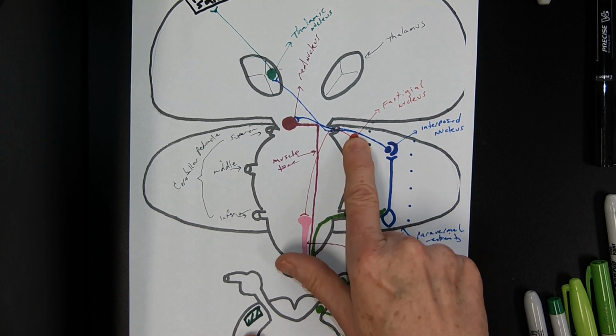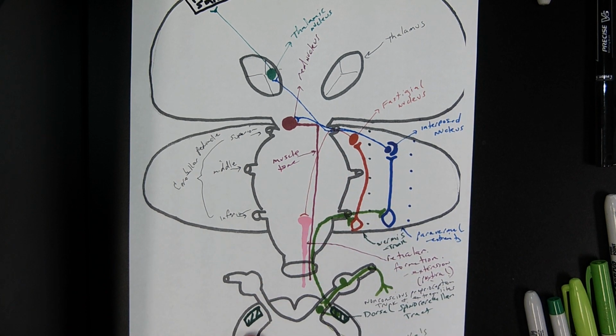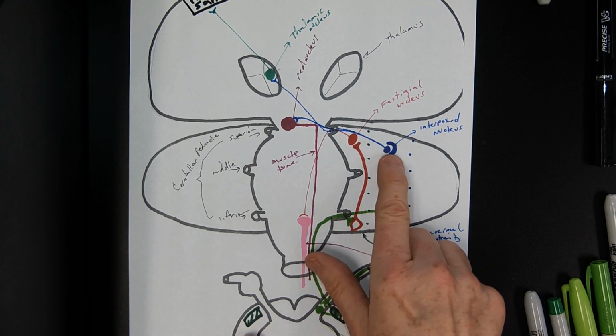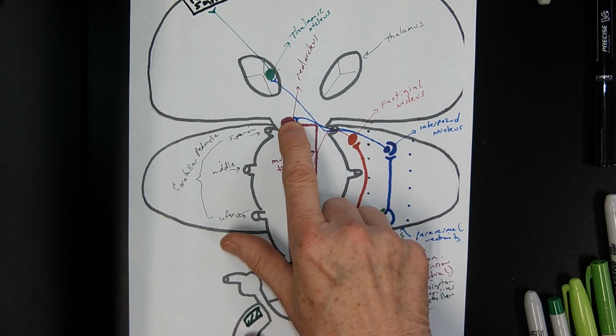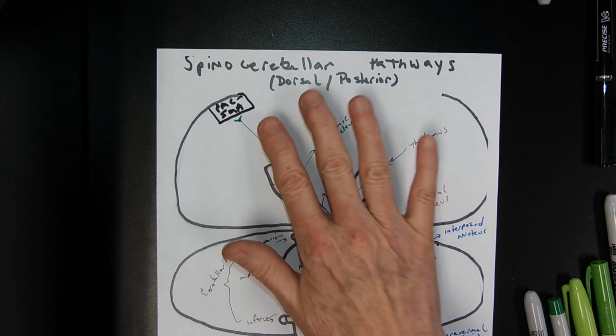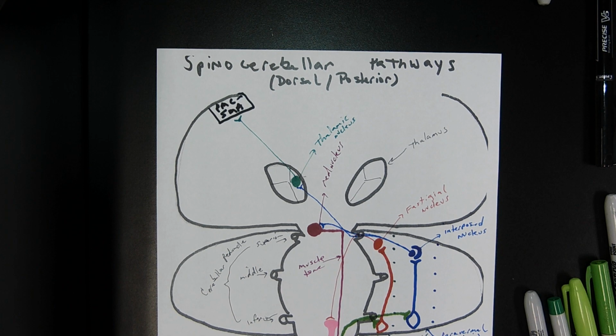Trunk is going out through the vestibular nucleus to the reticulospinal tract. Reticular formation stimulates extension. And then interposed nucleus is going both to the red nucleus, involved in muscle tone, as well as the thalamic nucleus, conveying information up to the premotor cortex. Got it? Okay, that's the easy one.